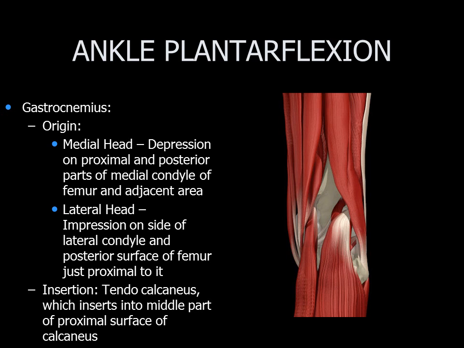So the gastrocnemius muscle crosses the knee. So it therefore has action also at the knee. And both heads insert by common tendon into the tendocalcaneus, which itself then inserts into the middle part of the proximal surface of the calcaneus.